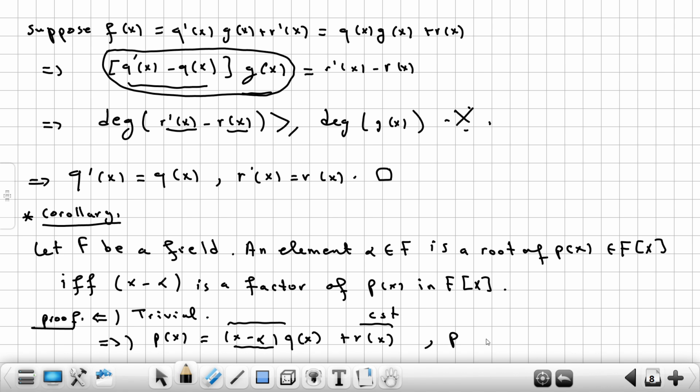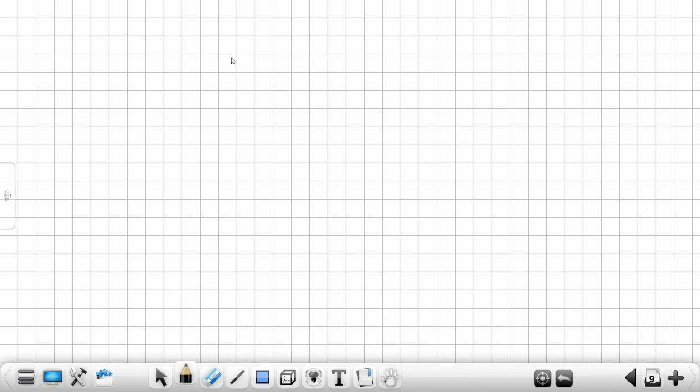Now by assumption, p of alpha is equal to 0, and p of alpha is equal to r of alpha. So this constant is equal to 0. So we showed that r of x is equal to 0, and x minus alpha is a factor of p of x in F[x], as required.